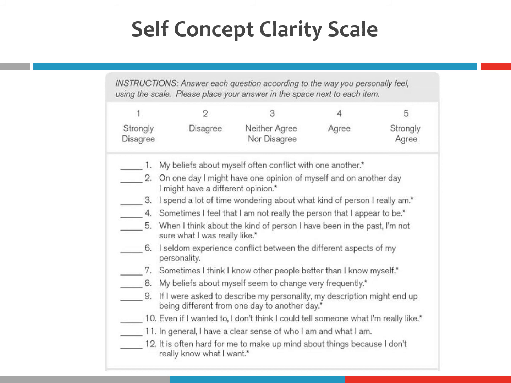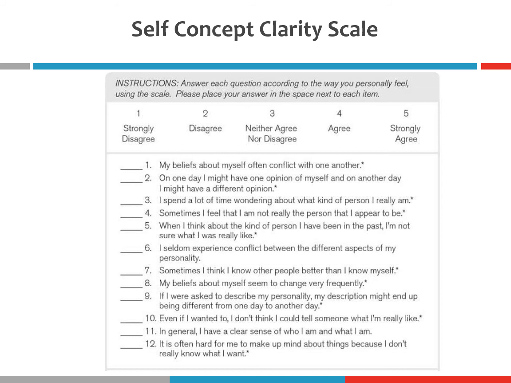So again, all of these questions are essentially asking the same thing, right? So my beliefs about myself often conflict with one another. Sometimes I feel that I am not really the person I appear to be. My beliefs about myself seem to change very frequently, right? So essentially, all of these questions are asking for the same information, but they're just phrased in a slightly different way.